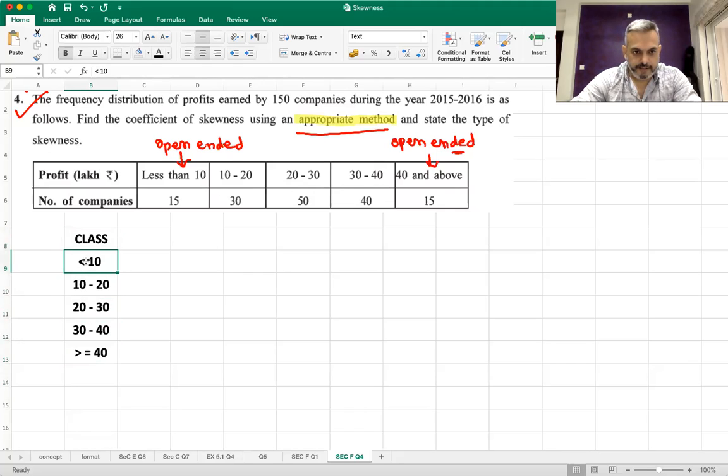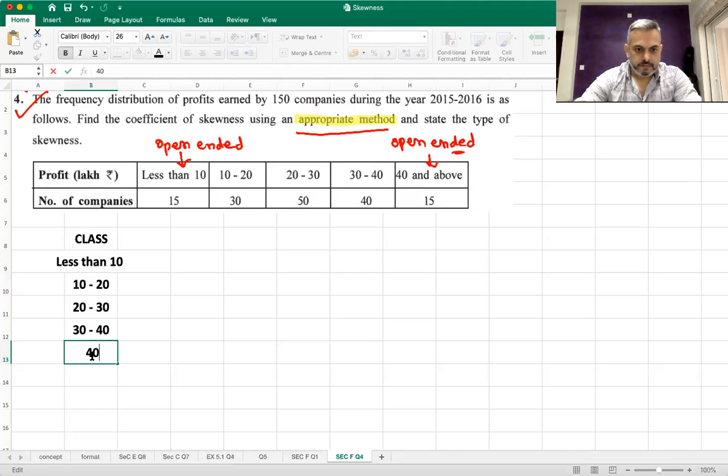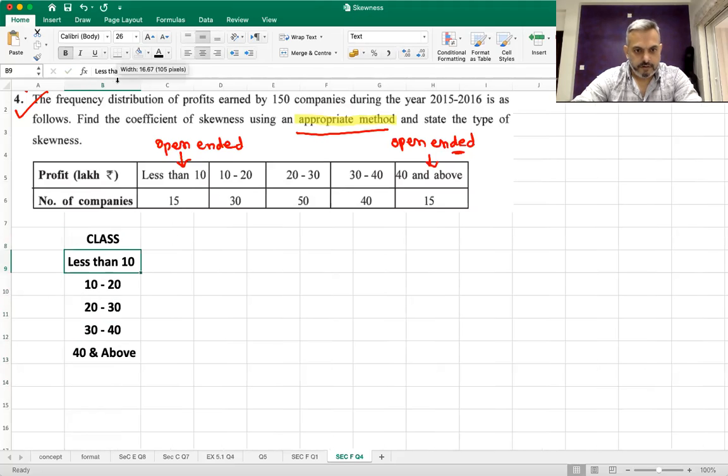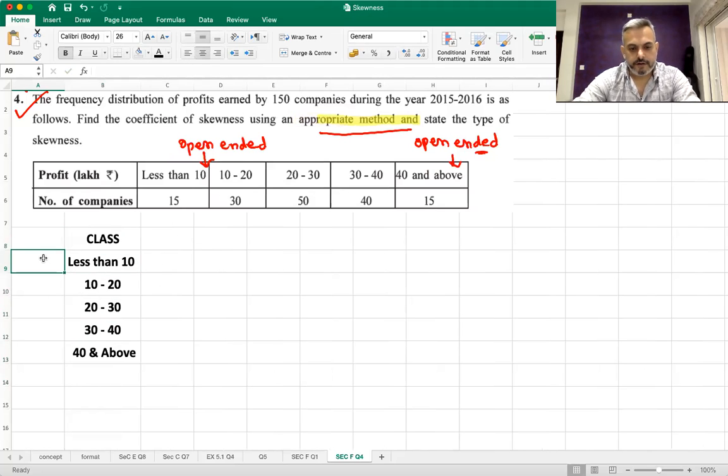So I'll write more than or equal to 40. This is how we have the classes over here. If you don't like these symbols, I'll write it in words. Such classes are basically open-ended classes. This is an open-ended class, and this one also is an open-ended class.